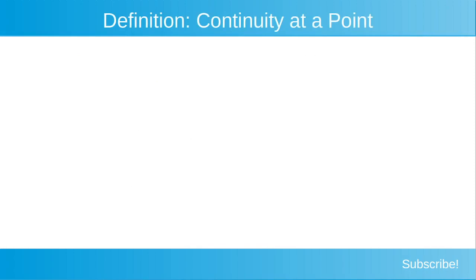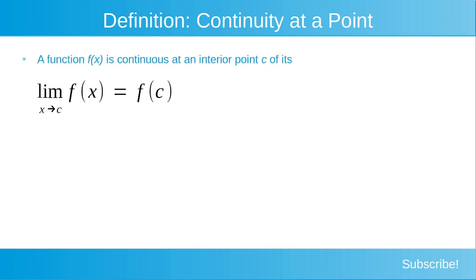Now that we have definitions for continuity at interior points and endpoints, we can now define continuity at a point. A function f of x is continuous at an interior point c of its domain if the limit as x approaches c of f of x is equal to the function value at that point, f of c.